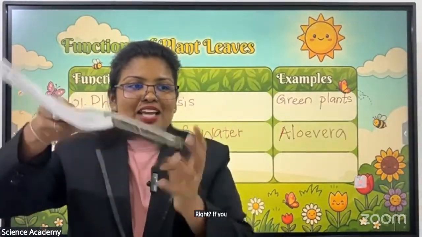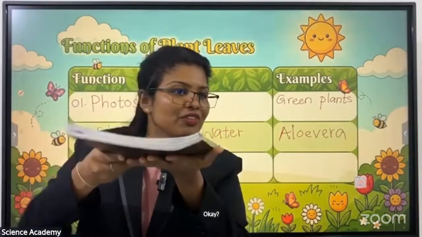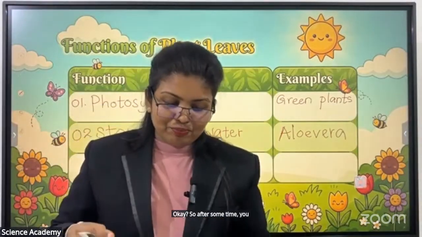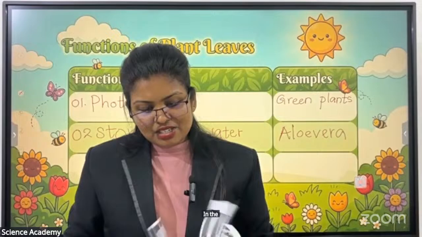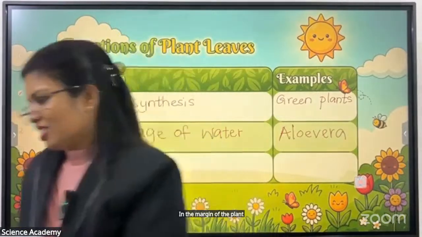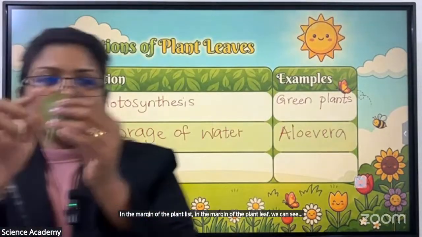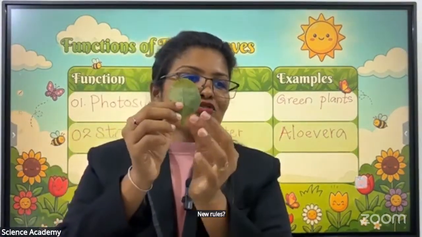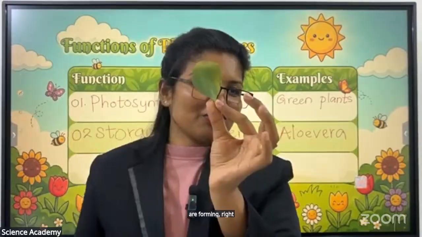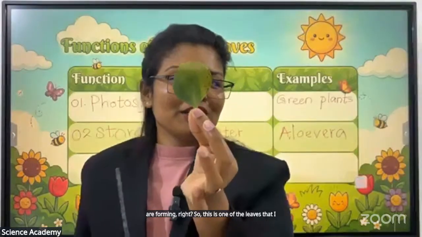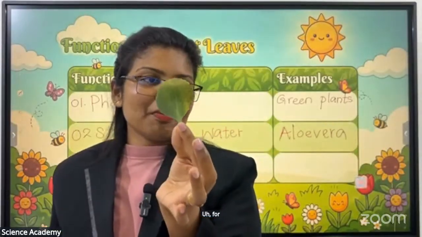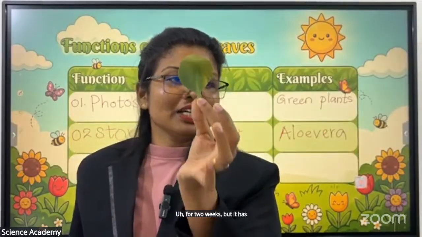If you keep it like this, okay? After some time, you can see in the margin of the plant leaf new roots forming, right? This is one of the leaves that I kept for 2 weeks, but it has not formed roots, right?